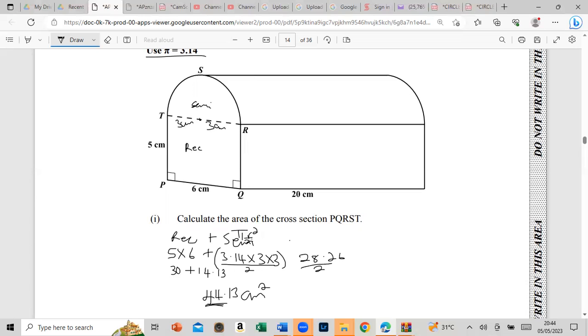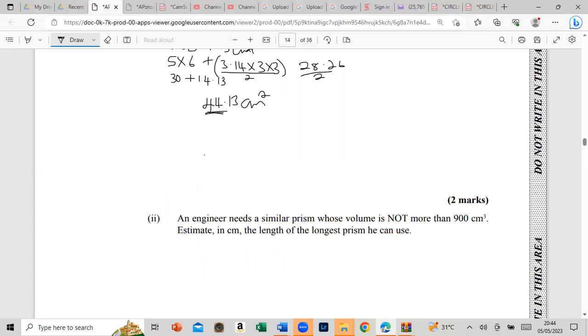Alright. They say an engineer needs a similar prism whose volume is not more than 900 cm cubed. Estimate in cm the length of the longest prism he can use. So it says not more than that. Alright, let's check.